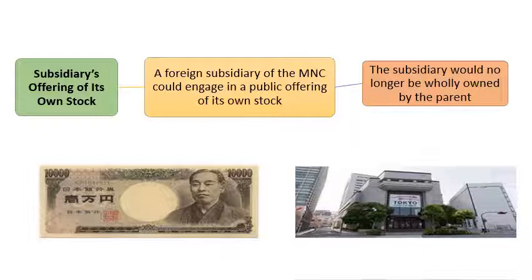Although some subsidiaries have issued their own stock, most multinational company parents prefer to own all the equity of their subsidiaries. Thus, the subsidiary is more likely to increase its equity over time by retaining earnings than by issuing its own stock.